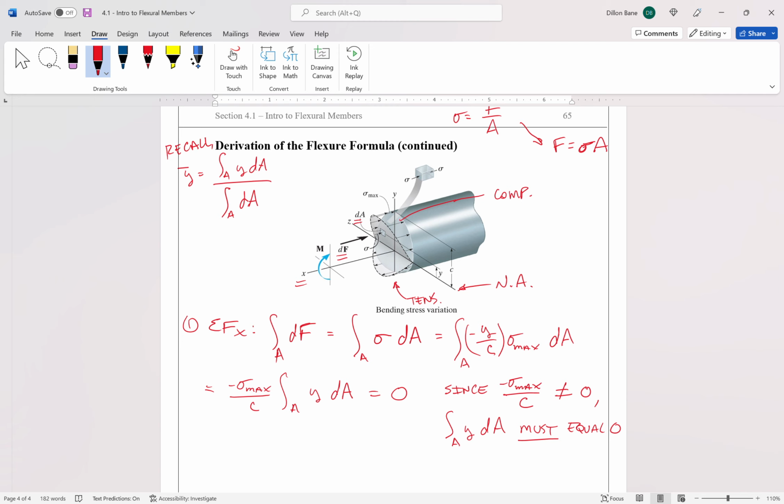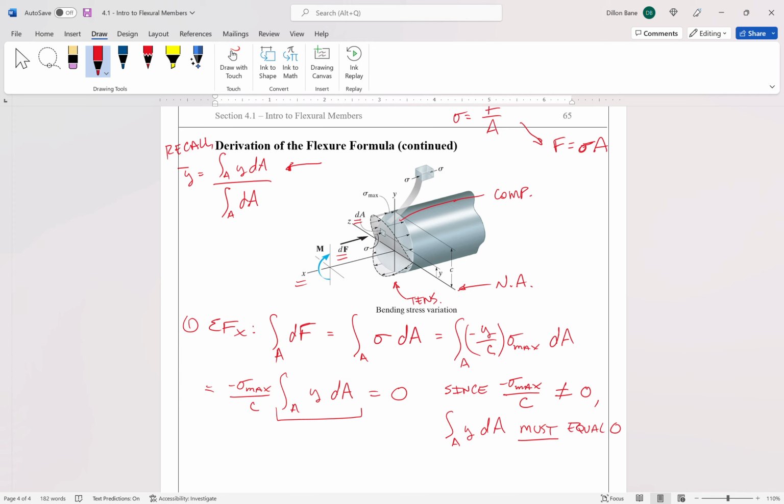Now looking at our bending stress and summing forces in the x direction, we find that the numerator of our centroid equation, this integral of y dA, is the integral term in our equation that must equal 0.